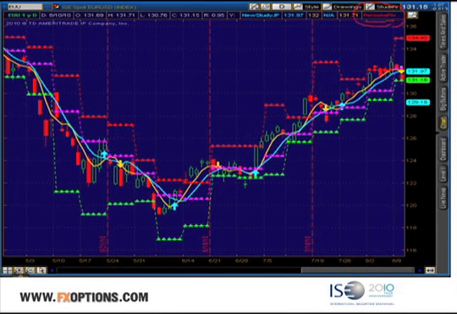You're also looking at the PPS. If you're a Thinkorswimmer, go under studies, look at all studies, and then under P, look for PPS. That stands for Person's Pivot Studies.